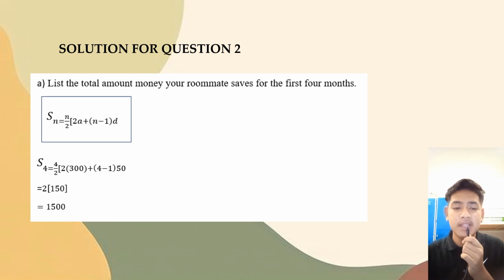The value n is 4, the a value is 300, and the d value is 50. After that, replace the values in the formula and get 2 multiply with 750. So the last answer is 1500. That's all from me. Thank you.